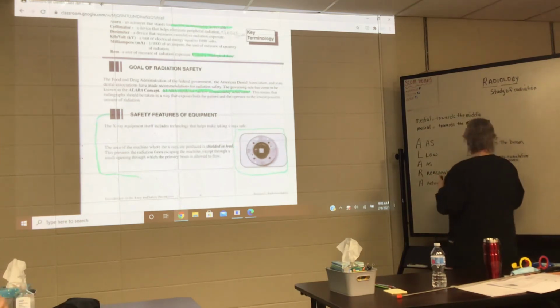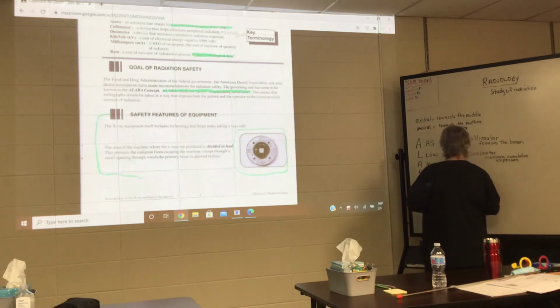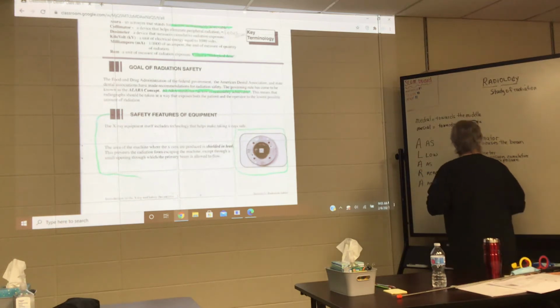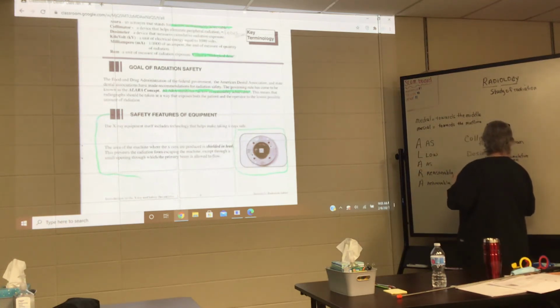Kilovolt. A unit of electrical energy equal to 1,000 volts. A unit of energy equal to 1,000 volts.